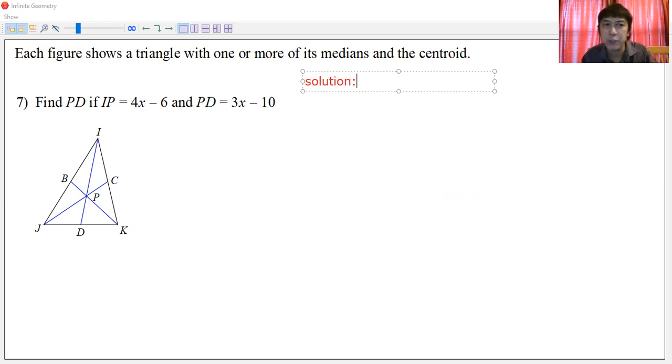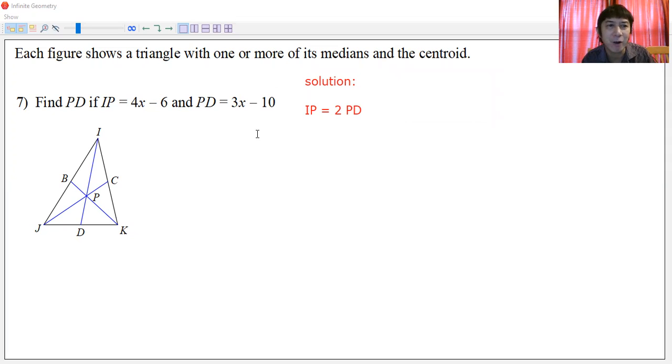We will start with IP, and this is equal to 2 times the PD. The shorter when doubled is equal to the longer, and when it's tripled, it is equal to the entire median. That will be for the ID.